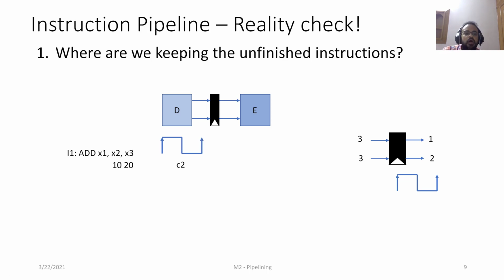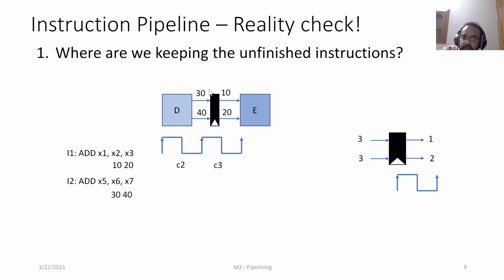In cycle 2, the decode stage will place 10 and 20, right? At the beginning of cycle 3, this would latch on to those values, and 10 and 20 will be held in stable state as inputs to the execute stage. And the inputs during cycle 3 for this particular buffer can change to 30 and 40, right?